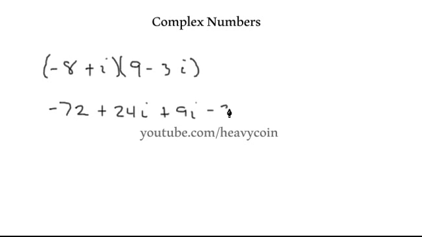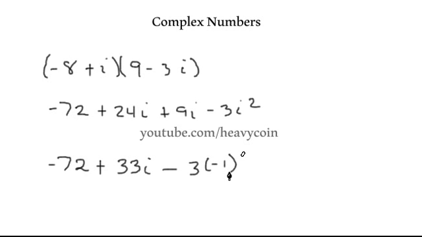And that's going to be negative 3i squared. And of course we can rewrite this as negative 72 plus 24 and 9 is 33i minus 3 times negative 1. So we replace the i squared with the negative 1.